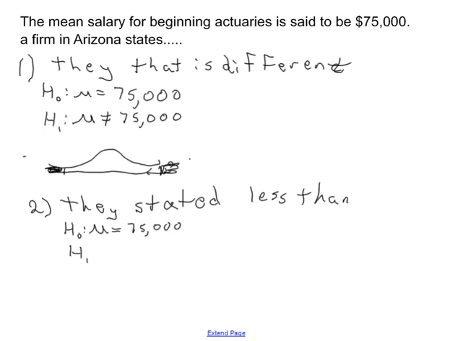The alternative would be mu is, well, they stated less than 75,000. Look there with our normal curve, down here is less than. 40 million is not less than, so there's no trouble up there. 0 is less than. 70,000 is. 74,999 is less than. The question that we'll always be dealing with is, is it significant? Is there enough evidence to show a significant difference?